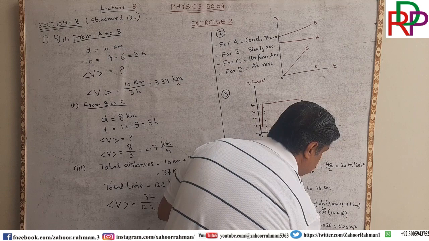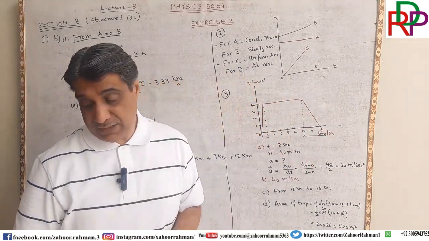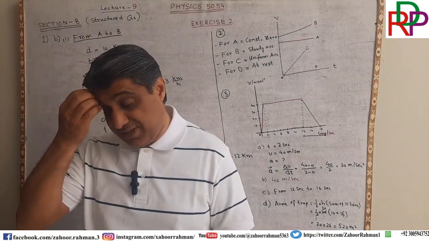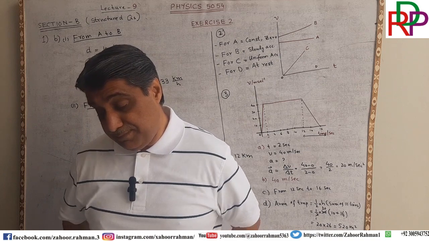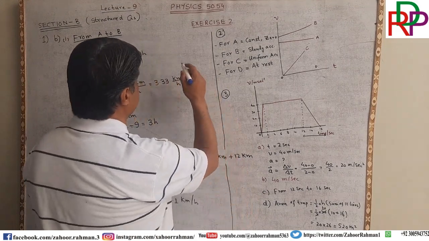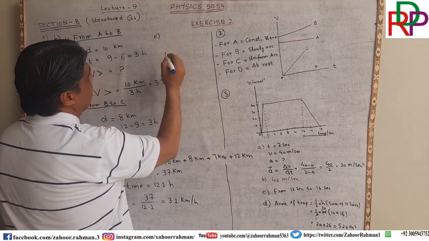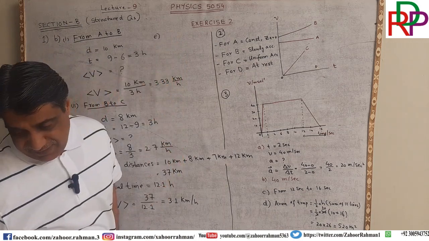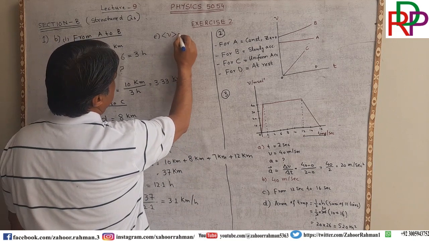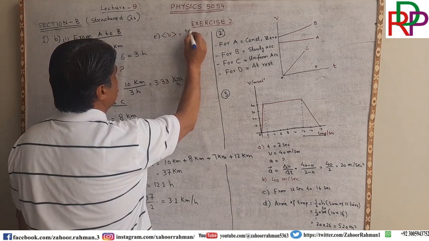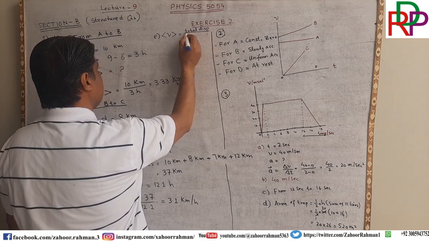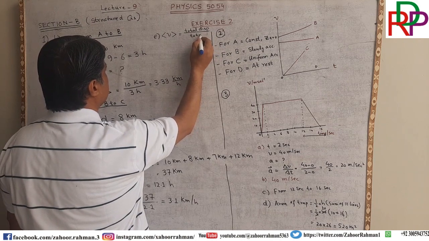So we will write 520 meter. Ladies and gentlemen, average velocity of the train is the E part. So the total distance covered, I am writing it here, E part, and that is the average velocity. Average velocity is equal to total displacement, and we found that, divided by total time.